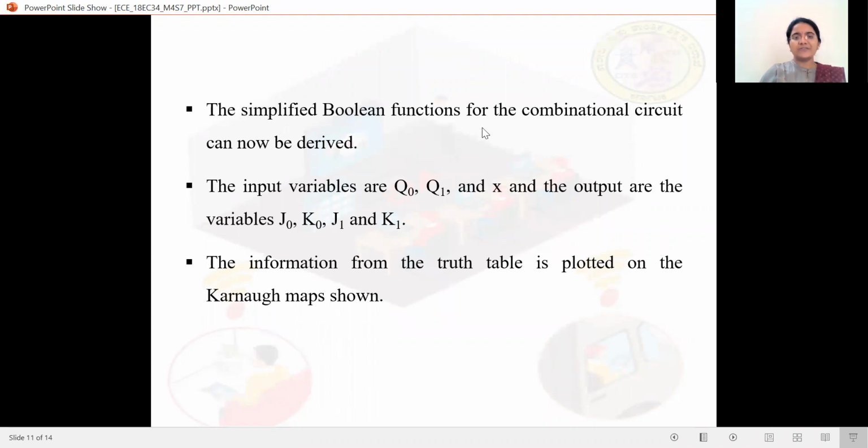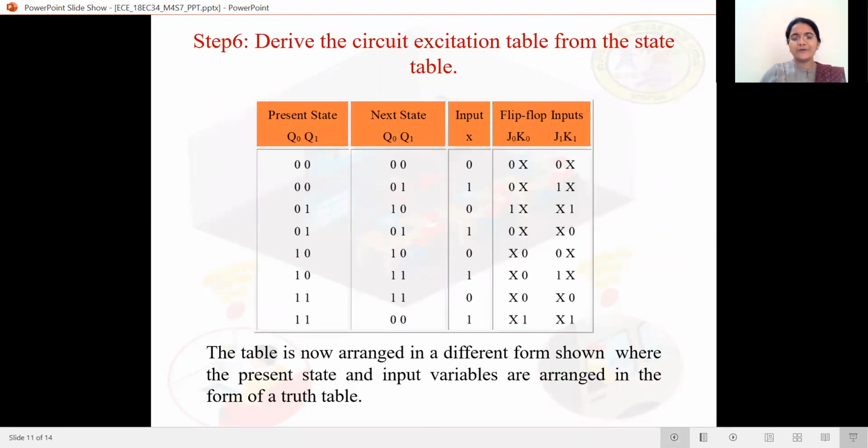The simplified Boolean functions for this combinational circuit can now be derived. The input variables are Q0, Q1, and X, and the output variables are J0, K0, J1, and K1. Now, after writing these flip-flop inputs, we have to write the K-map in order to get the input equations for the flip-flops J0, K0, and J1, K1.